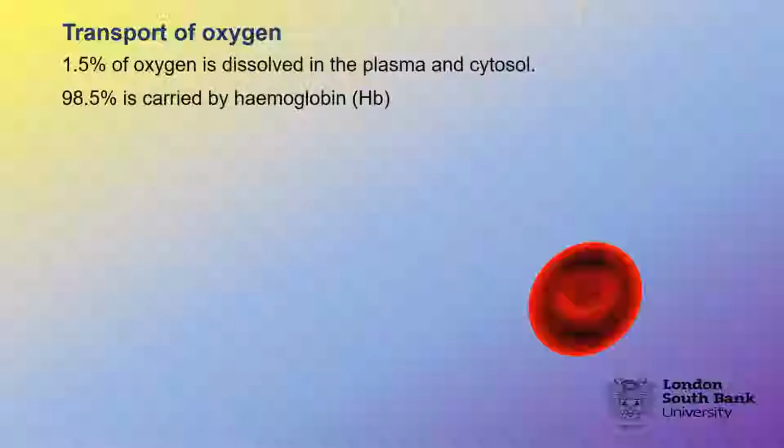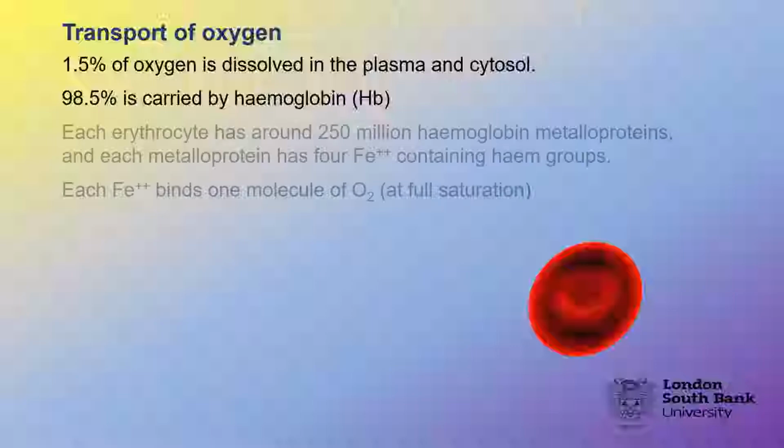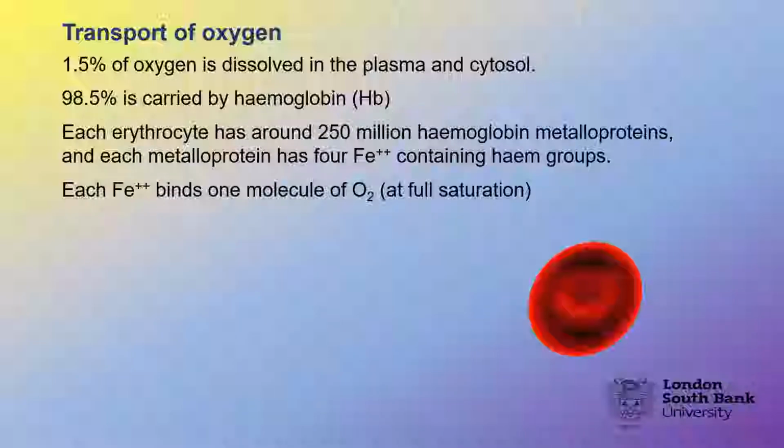As we know, most of oxygen is carried around by hemoglobin within the erythrocytes or red blood cells, but that is only 98.5%. 1.5% of oxygen is dissolved in the plasma and cytosol. Each erythrocyte has around 250 million hemoglobin metalloproteins.